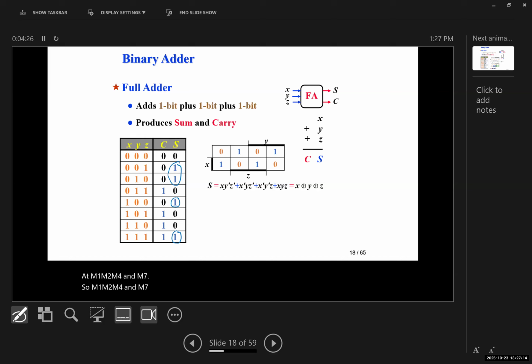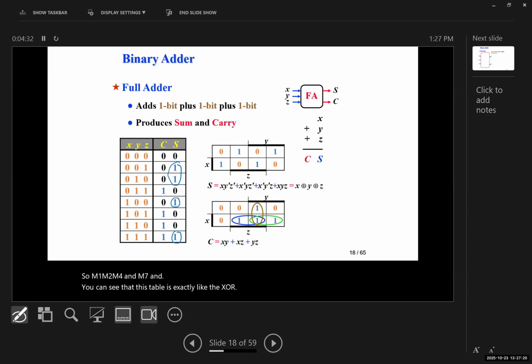And you can see that this table is exactly like the XOR function. And if I want to write the carry table, the carry is 1 at 3, 5, 6, 7. If we combine them, C is going to be XY plus XZ plus YZ.